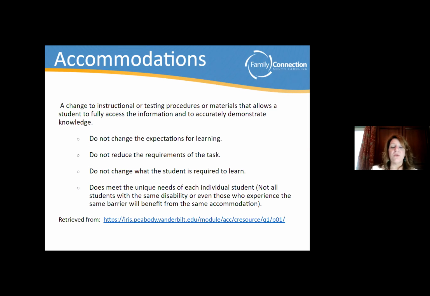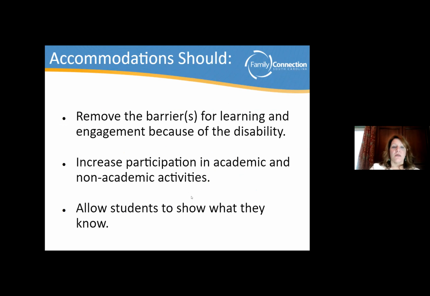And the uniqueness is key, because the assumption is not that every category or every student within that category of disability needs the same thing. It's this student on this day, given this task, how can that be individualized? Hopefully that makes sense. So accommodations remove the barriers for learning and engagement because of that disability.